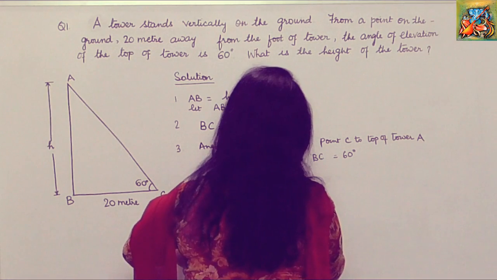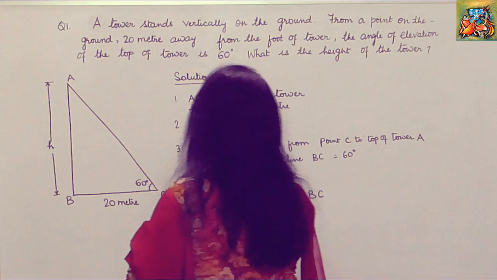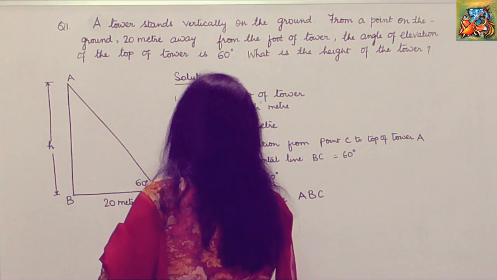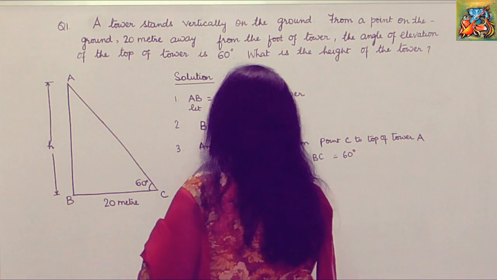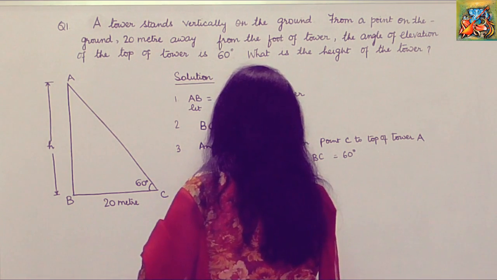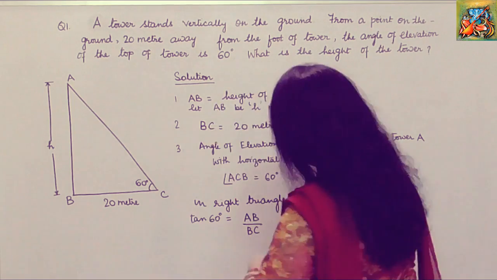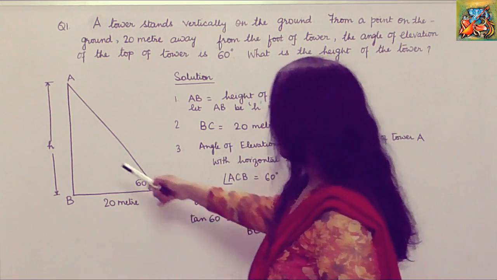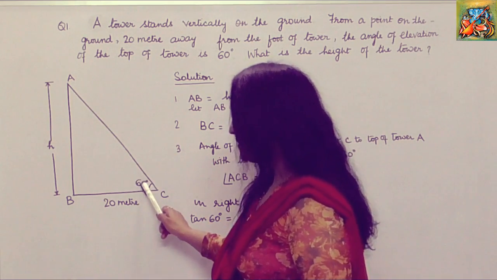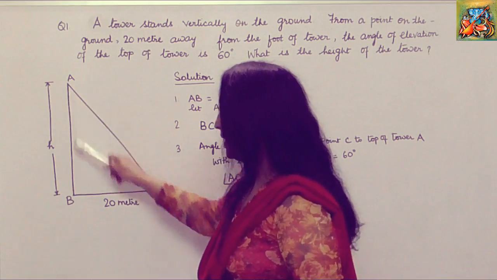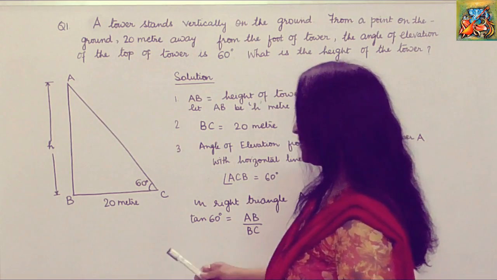ABC, we consider this triangle. Tan 60 degrees is equal to AB upon BC, means perpendicular upon base.